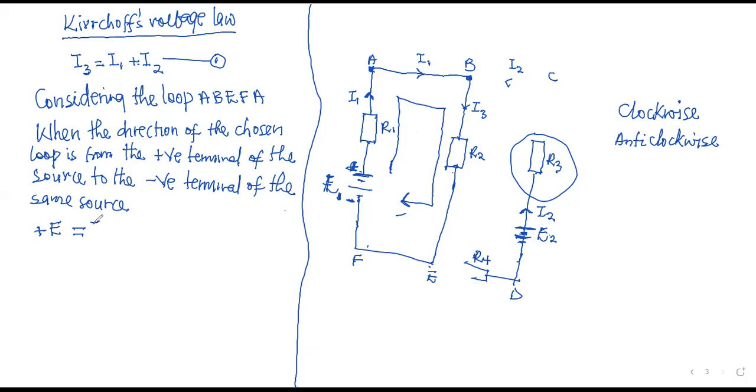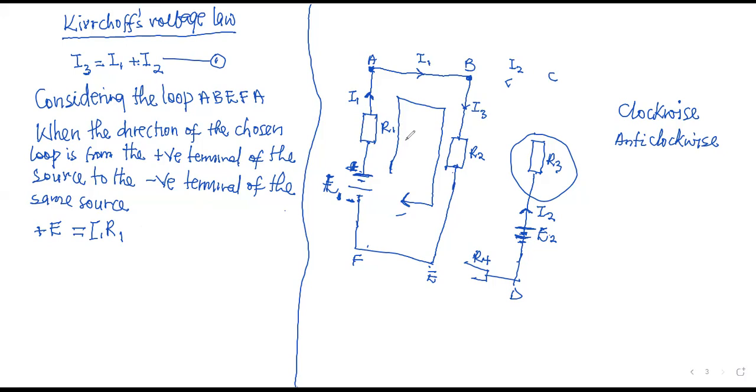So I1 times R1. The current I3 also flows through R2. Will the PD across it be positive or negative, class? Yes, positive.